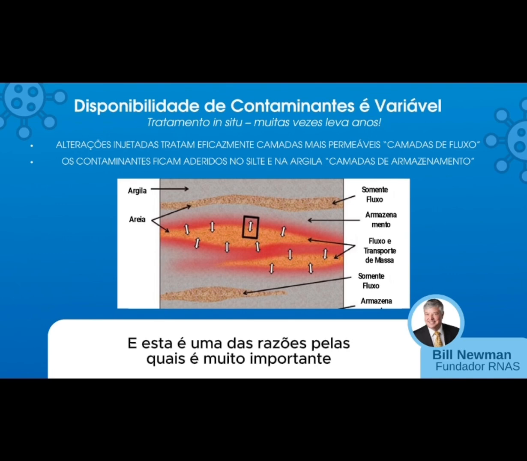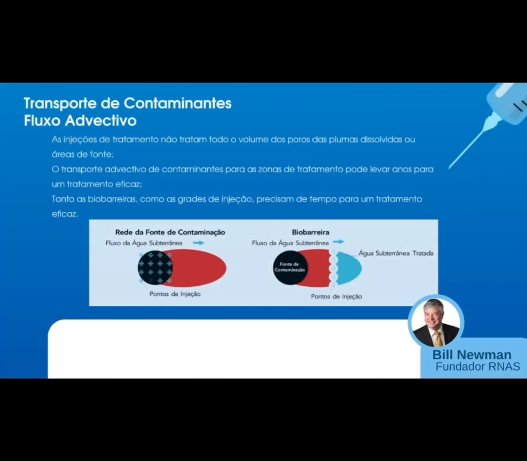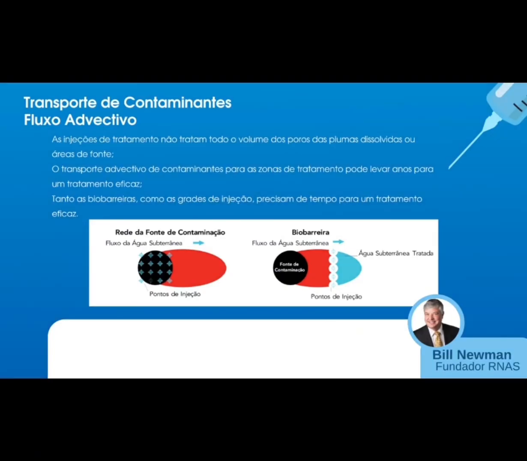And this is one of the reasons why it's very important to have an electron donor with good longevity, so that one injection can last for years and allow time for those contaminants to come out of those storage zones.